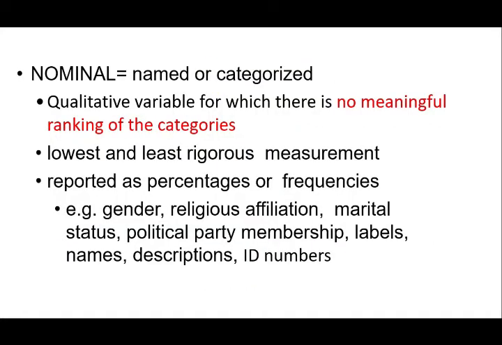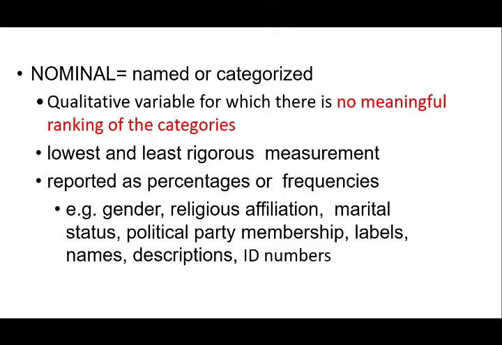Now, what are nominal data? Nominal data are qualitative variables for which there is no meaningful ranking of the categories. So again, they are qualitative data. We assign numbers to them, but they have no meaningful value.